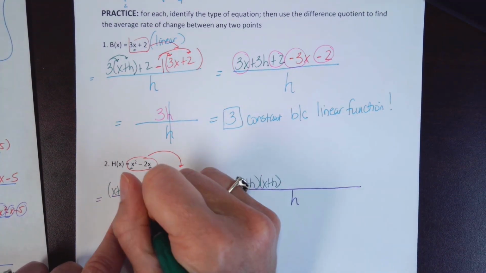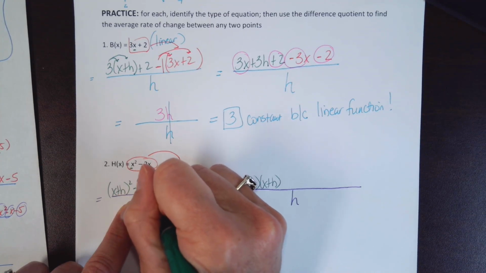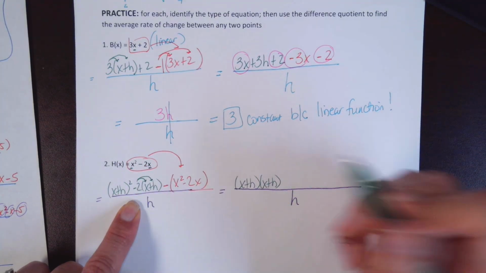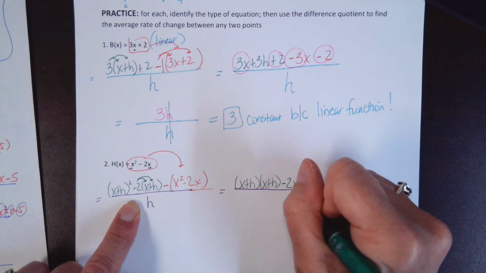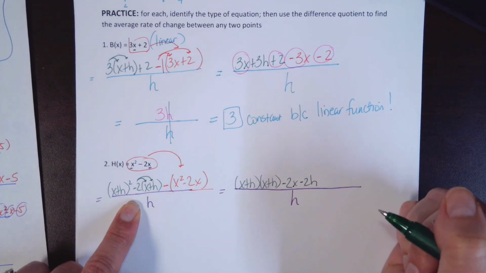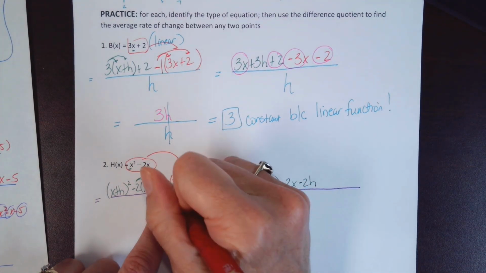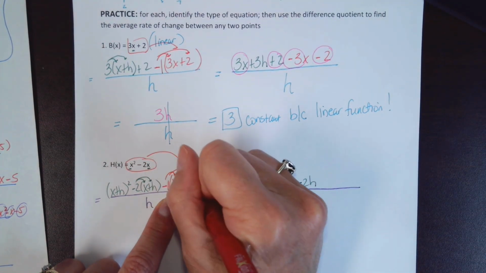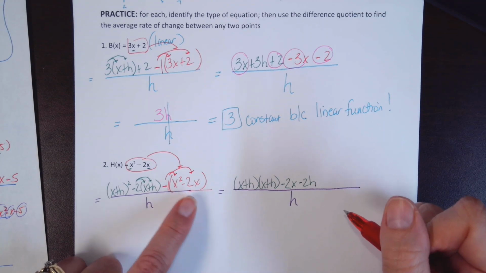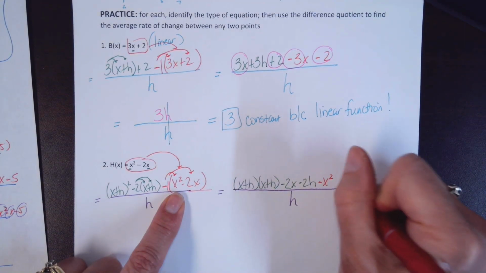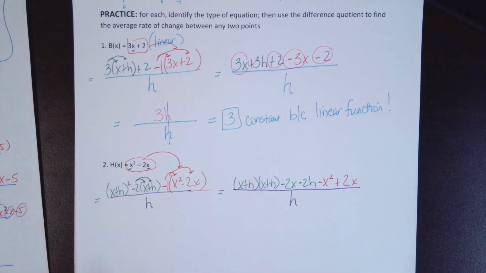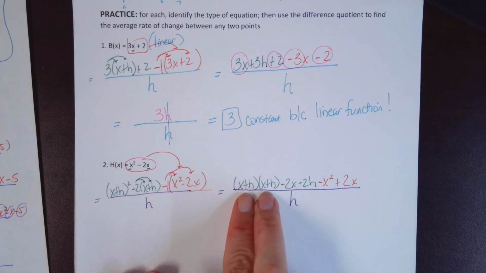Then I have a minus 2 to distribute inside that set of parentheses, so negative 2x, negative 2h. And then the second bit, it's like that negative 1 distributes inside. It's going to change the sign on both of those terms, so negative x squared plus 2x. Now, before we clean anything up, we need to FOIL this, x plus h times x plus h.